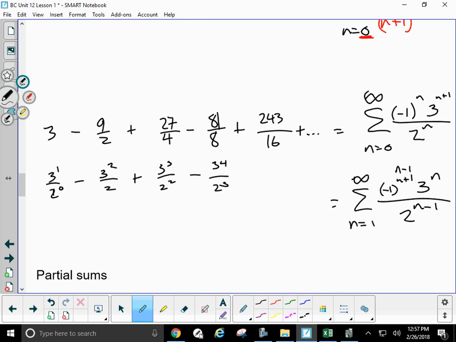It actually does not matter if you do n plus 1 or n minus 1, as long as we go odd to even each time we change, with the first one being an even. And then 3 to the n, because we're starting with 1, 2 to the n minus 1 to start with 2 to the 0. Questions about that? Okay, need to be comfortable writing things using summation notation.